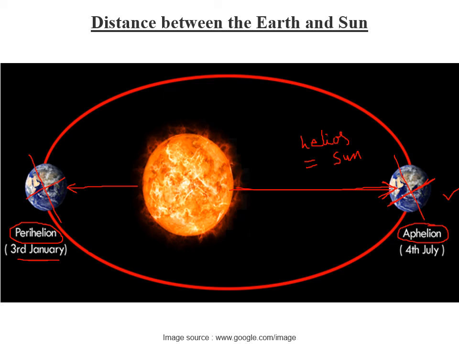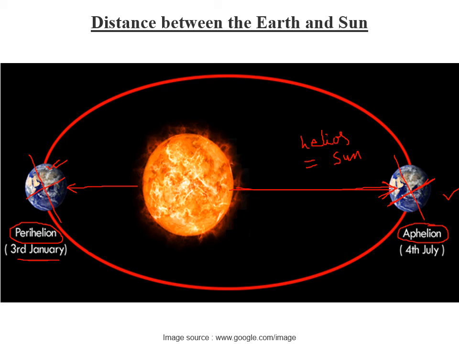Whereas during perihelion, in northern hemisphere winter, because of the position of the Earth close to the Sun, it will receive relatively higher energy compared to the aphelion position, southern hemisphere winter. So winter is relatively mild. Similarly, the southern hemisphere summer is much warmer than that of the northern hemisphere.